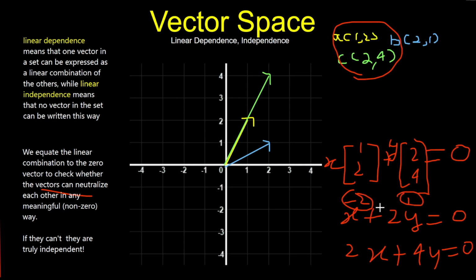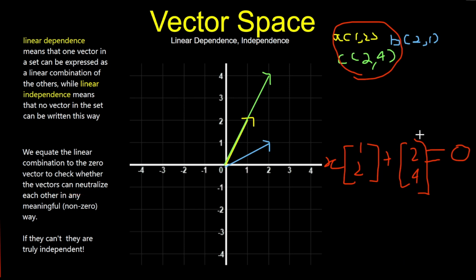If we substitute these values here, we will get the equation equated to 0. So these solutions are not 0. That's why they are dependent. But if 0 is the only solution of this equation, then they are linearly independent. So let's test this with these two vectors.